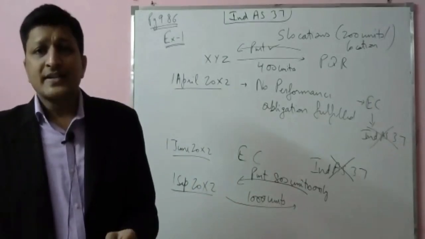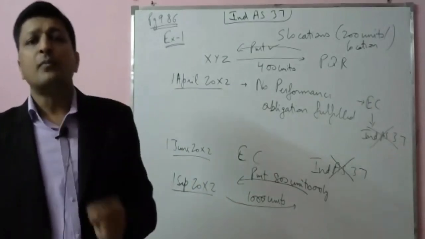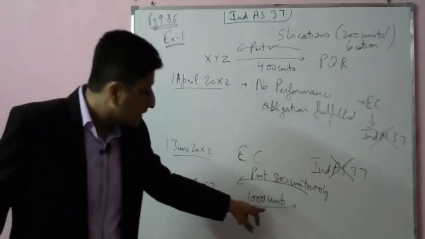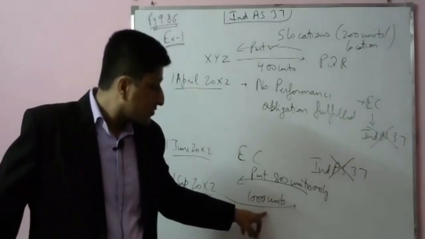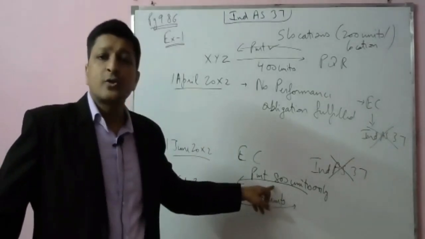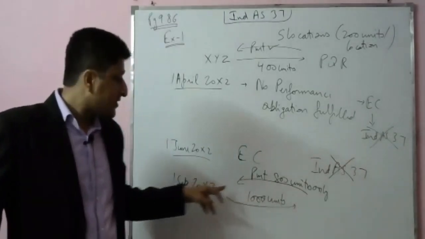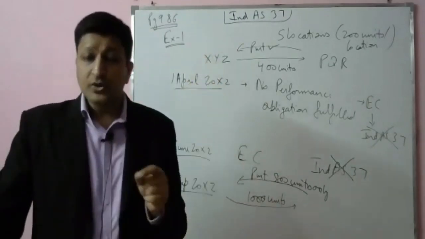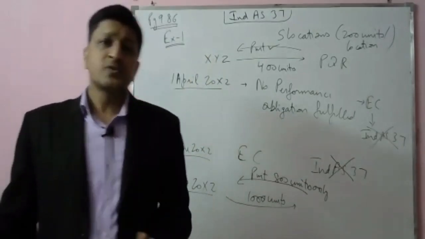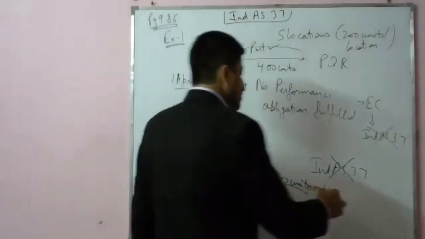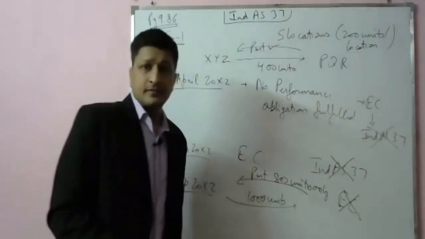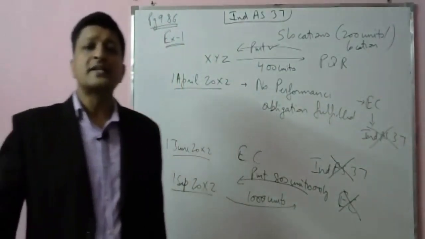Both the parties have not performed their obligations in an equal manner. Why? Because one party has fulfilled its obligations 100%, but the other party has not matched up to the obligations fulfilled by XYZ. Correct? So in this situation, this contract will no longer remain executory. Now this will not be called an executory contract.